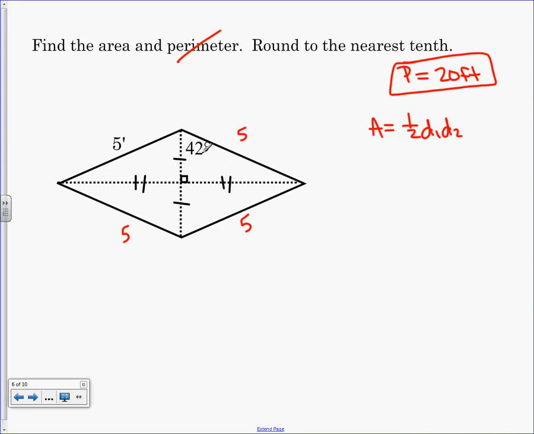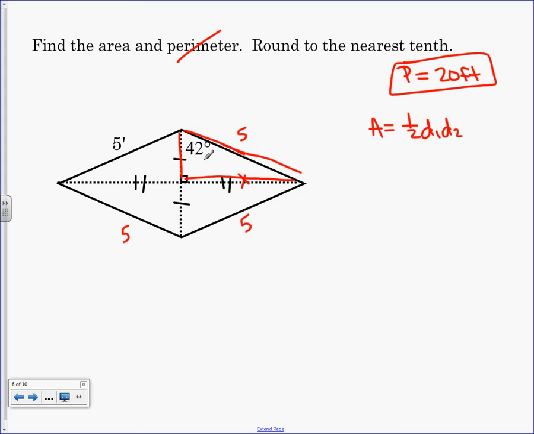If this is 42 degrees, okay, I'm going to call this X for right now. So if I can find this, can't I find one of the diagonals, right? So I'm just looking at this right triangle right here. Do you guys see what I'm saying? So I can't use 30, 60, 90. I can't use 45, 45, 90. What am I going to use?